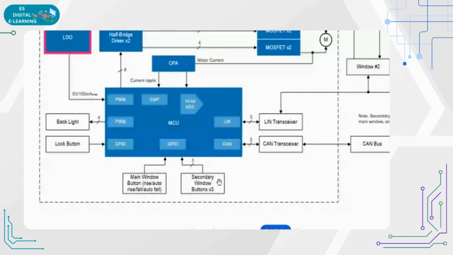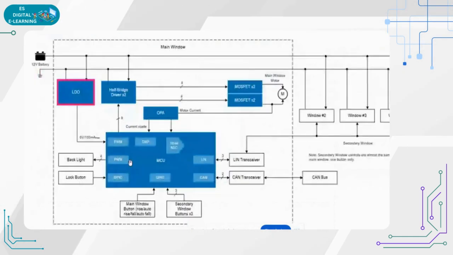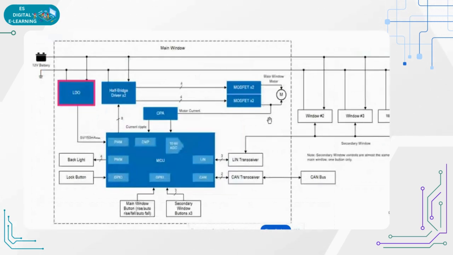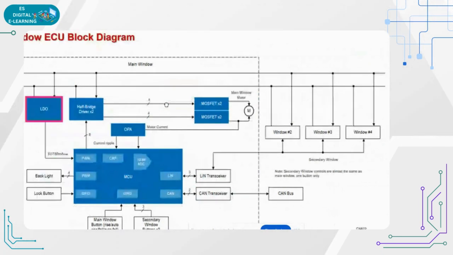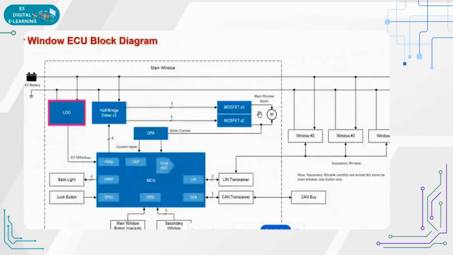Next we have an emergency feature, like all the door windows being locked at one time; we have a specific interface for that. Next is the output. Whatever windows we make go up or down, the exact output should be performed, so we drive that using motors, and the motors drive the windows.